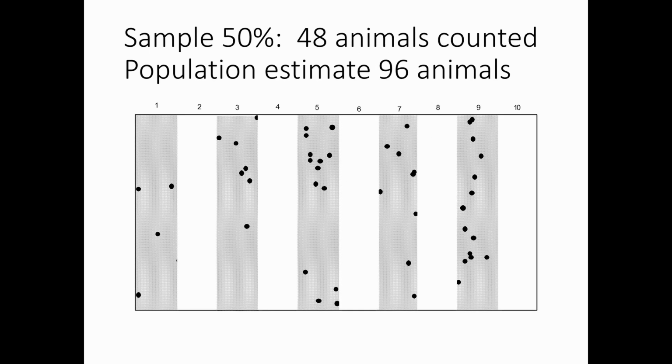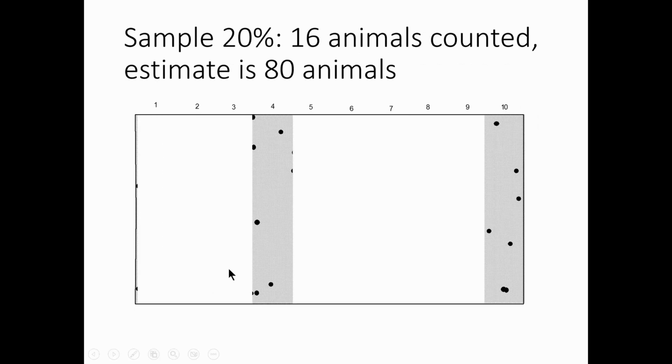that you have such a perfect counting block with random animals in them, a systematic sample generates very, very predictable results. Here, just by eliminating 50% of your flying, you have a population estimate of 96 animals and not 100. Here, we've gone down to a 20% sample. We count 16 animals, and our estimate is 80 animals.